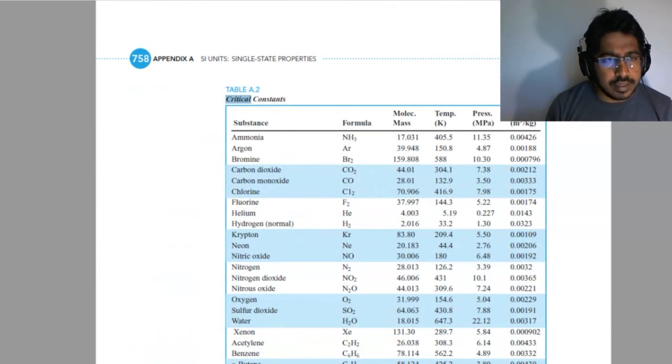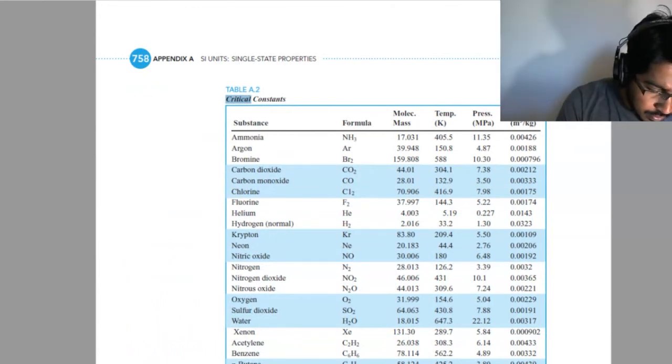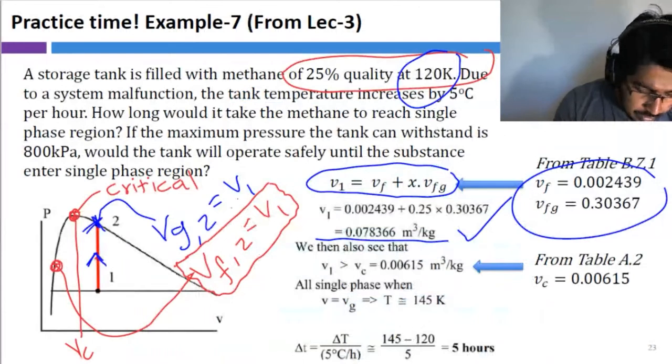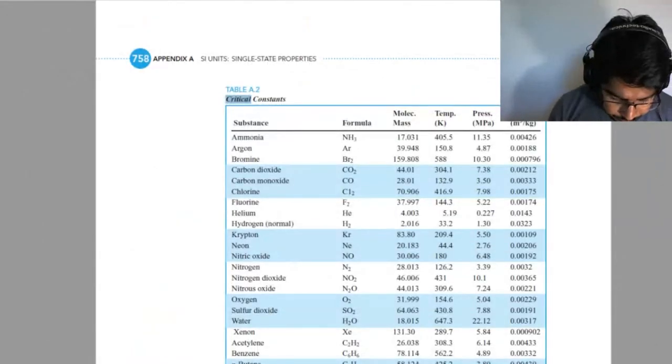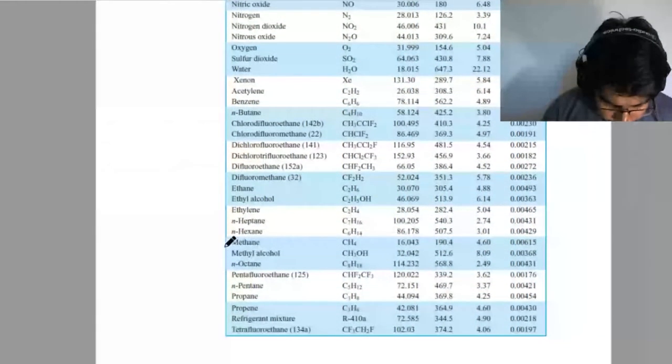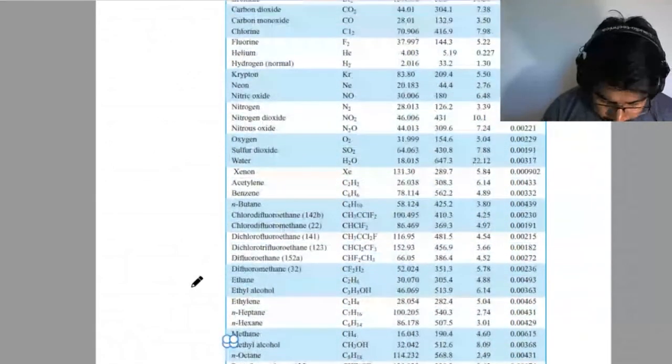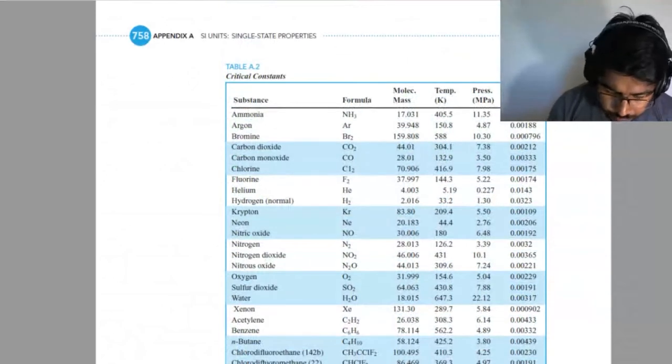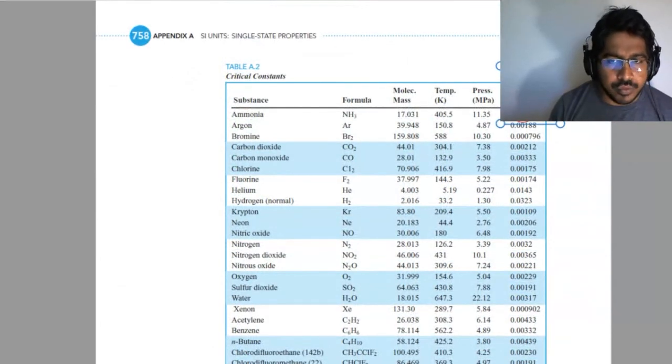Okay, so we come to critical constants and our substance is methane. So we go to methane. Methane is here and the critical volume, V critical, is in the last column, right?